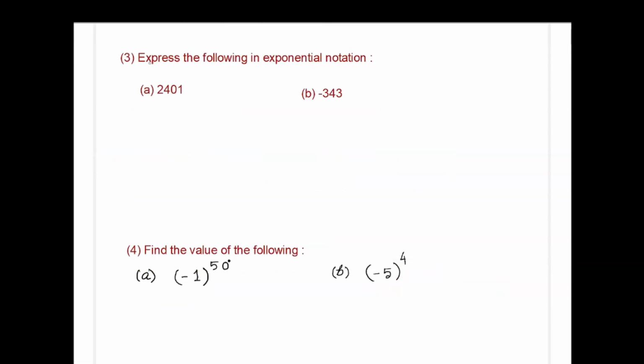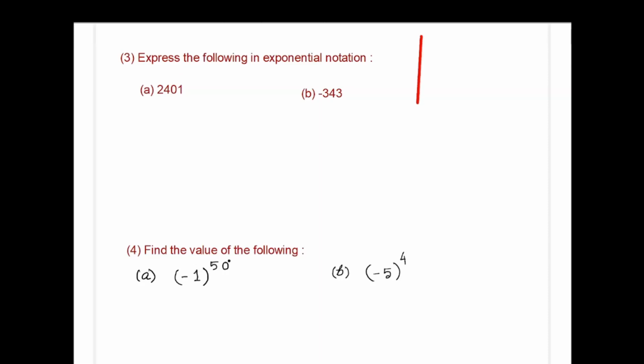What is given? Express the following in exponential notation. Now see, this expression you have to write in exponential notation. To write in exponential notation, first of all you have to do the factorization of the given number, and if you do the prime factorization, then it will be good. So you have to do the prime factorization.